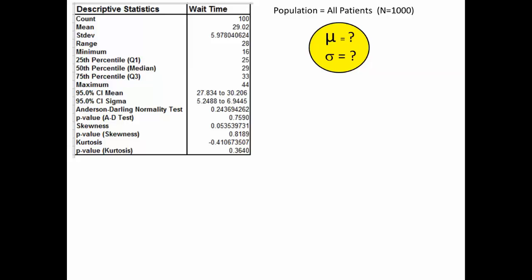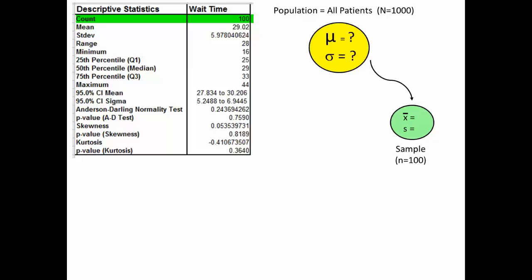Therefore, Greenbelt projects rely on sampling. So in this case, what the count is showing you in descriptive statistics is that we took a sample of 100 of those patients. From that sample, we're able to calculate the mean and the standard deviation, X bar and S, of the sample. Then we will use confidence intervals to make an educated estimate about the population parameter.